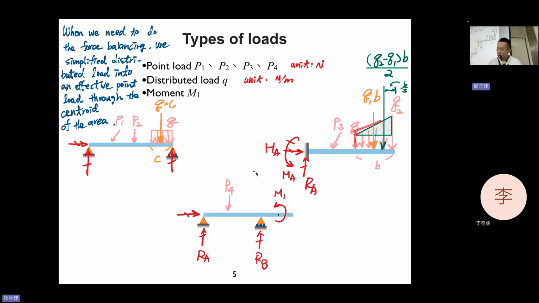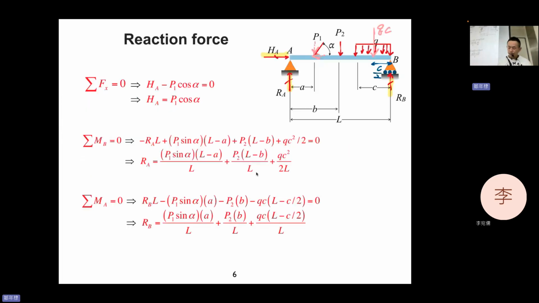So if you have a trapezoid, you are advised to make it 2 effective loads. One goes through the rectangle, the other goes through the triangle.